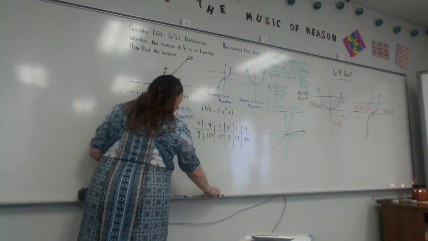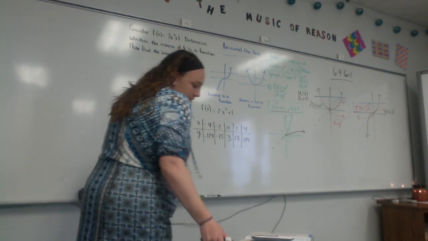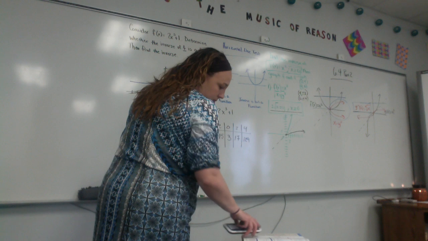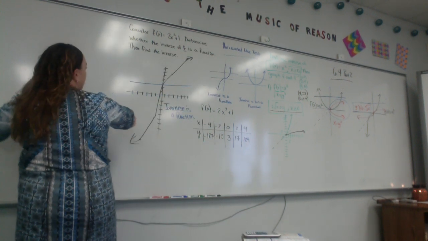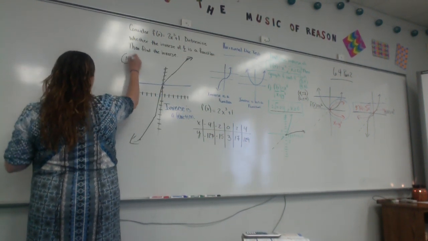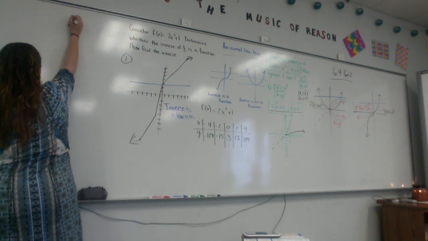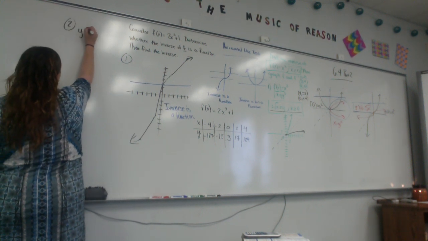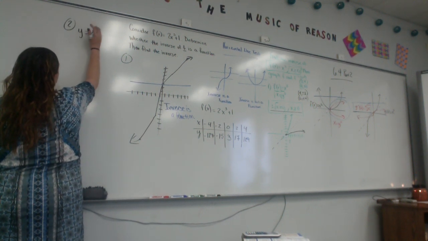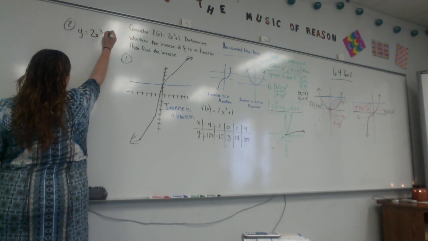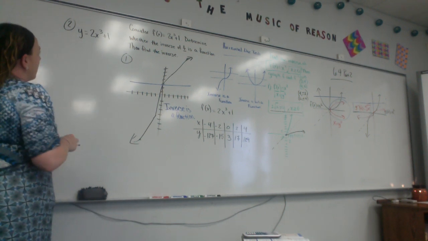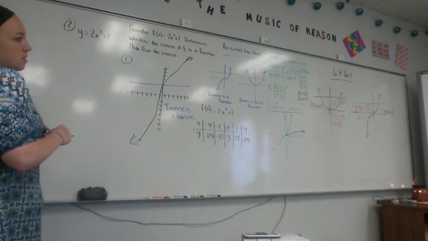Now, they want me to find what that inverse is. So how do I find the inverse? What do I do? Step 2, find the inverse. You have y equals 2x cubed plus 1. Yes, this is how the original equation starts, if I replace the f of x with y. Now what do I do?